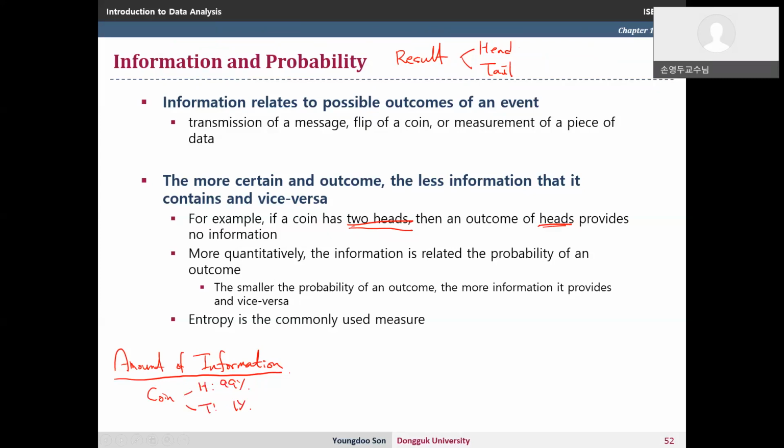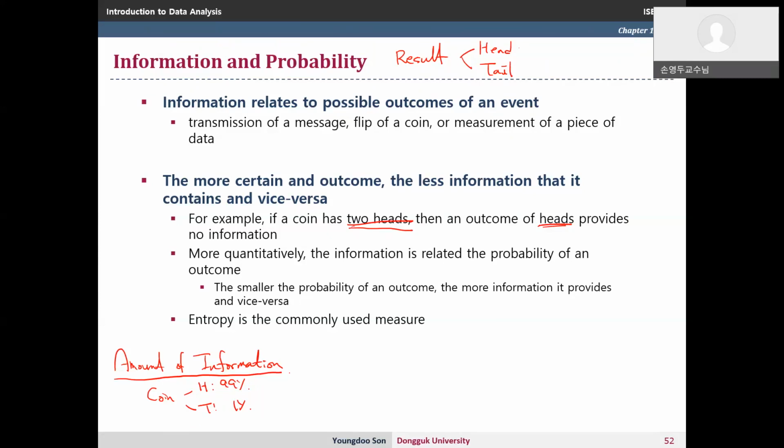Then we are more surprised when the result is tail than when the result is head. If somebody tells us the result of the coin toss was head, we may not be that surprised, because we can expect it with 99% probability, so it's not that interesting.